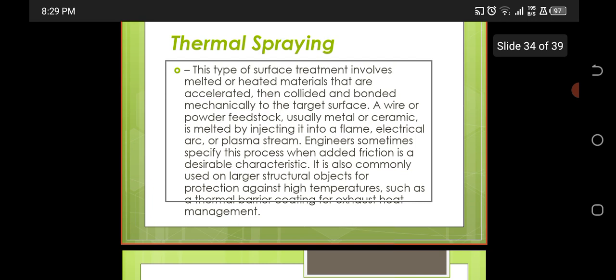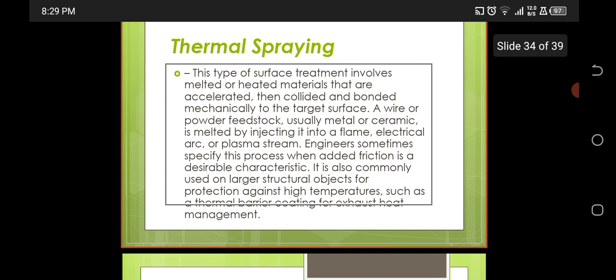After the acceleration, it collides with the desired target, or the subject under observation, and after that it binds mechanically to the target. I repeat it again. First of all, we select the material on which we have to do the coating by thermal spraying.